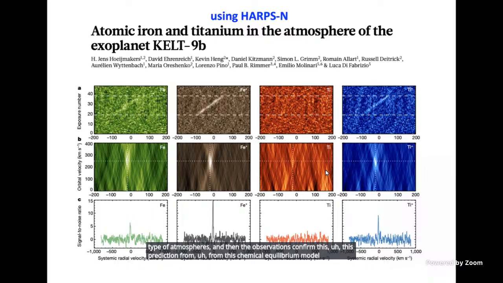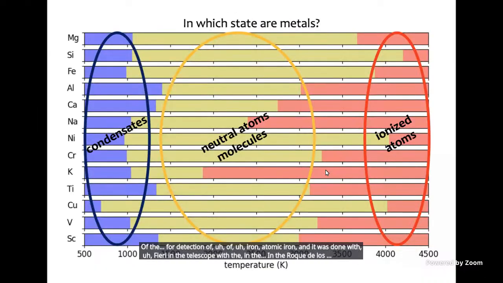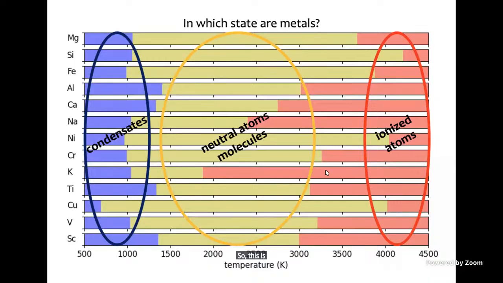Okay, this is an example of the first detection of atomic iron, and it was done with the telescope in the Roque de los Muchachos. So this is a basic picture of what is the main state of metals depending on the temperature.